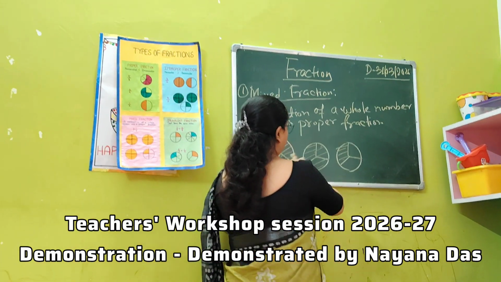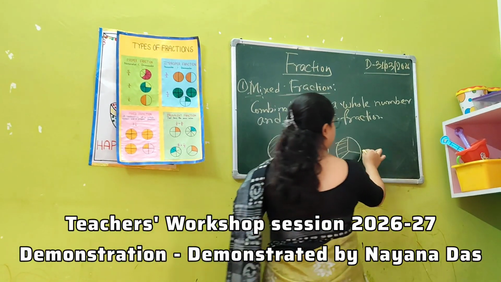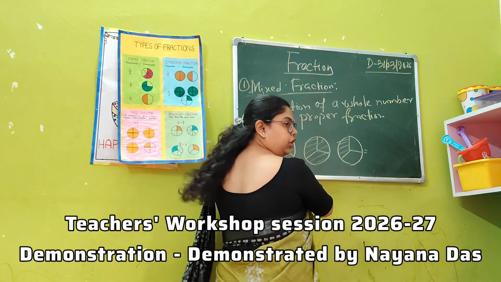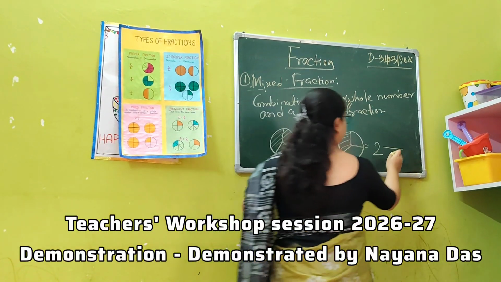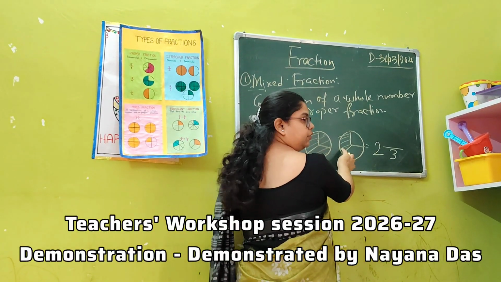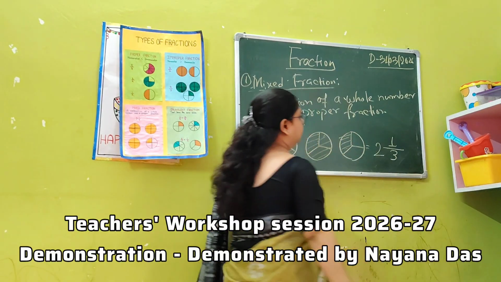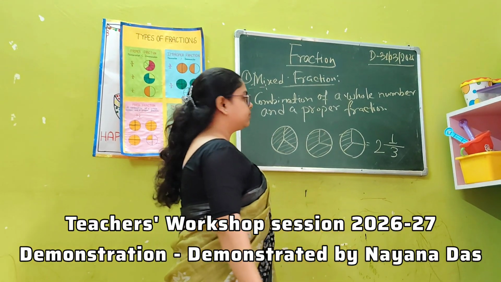So from these, we are taking 2 whole parts. We will write 2 here, and the whole thing is 3, and we are taking 1 from here. We will write 1 here. This is the mixed fraction.